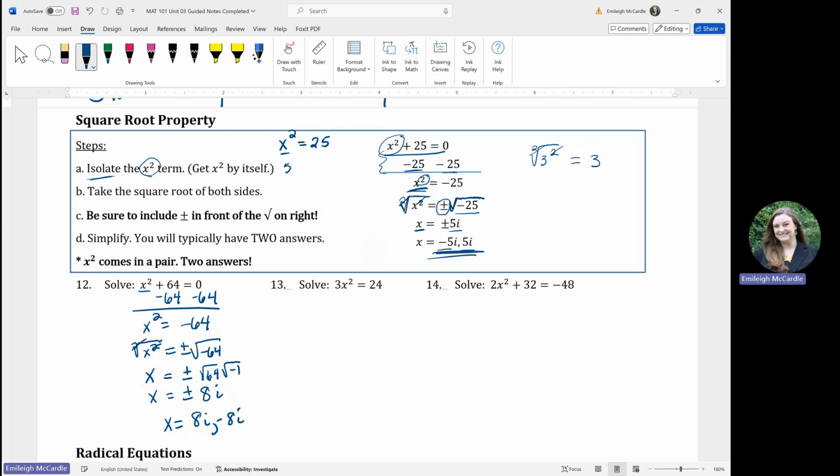Because if I choose 5 to put in there, 5 squared gives me 25. But if I choose negative 5, negative 5 squared is negative 5 times negative 5, which is 25 also. So I've got two different numbers that could be my result. And again, the signs are just different. Same number, different signs. And that's why we end up having to put the plus minus on there. So a little insight into that.